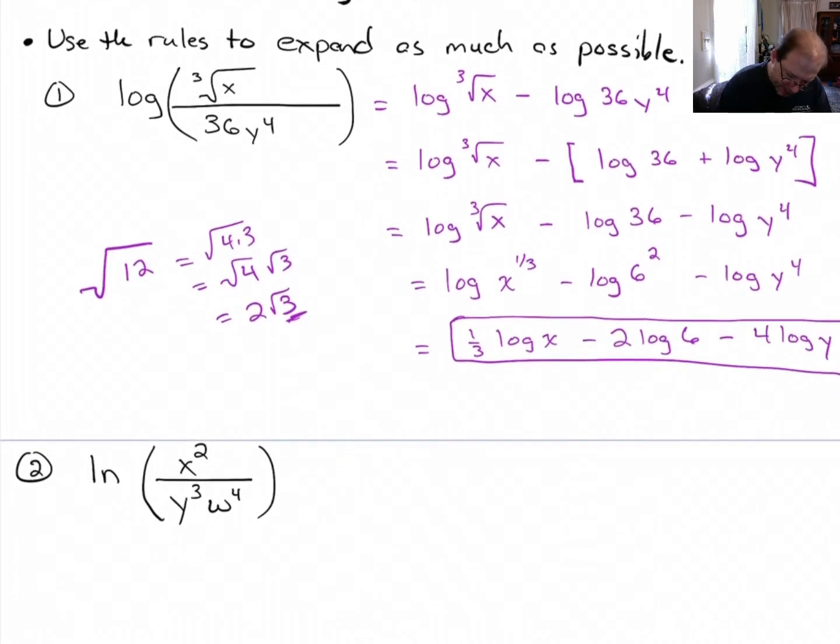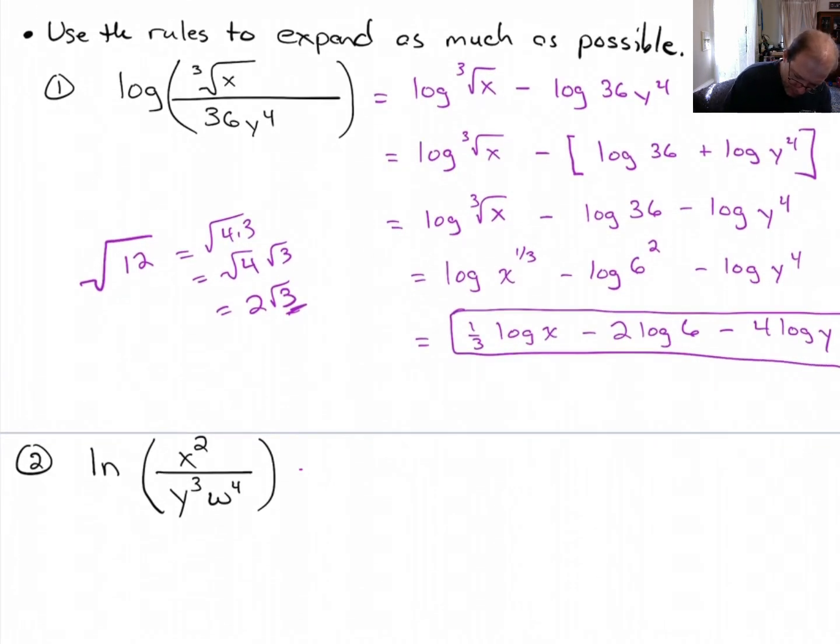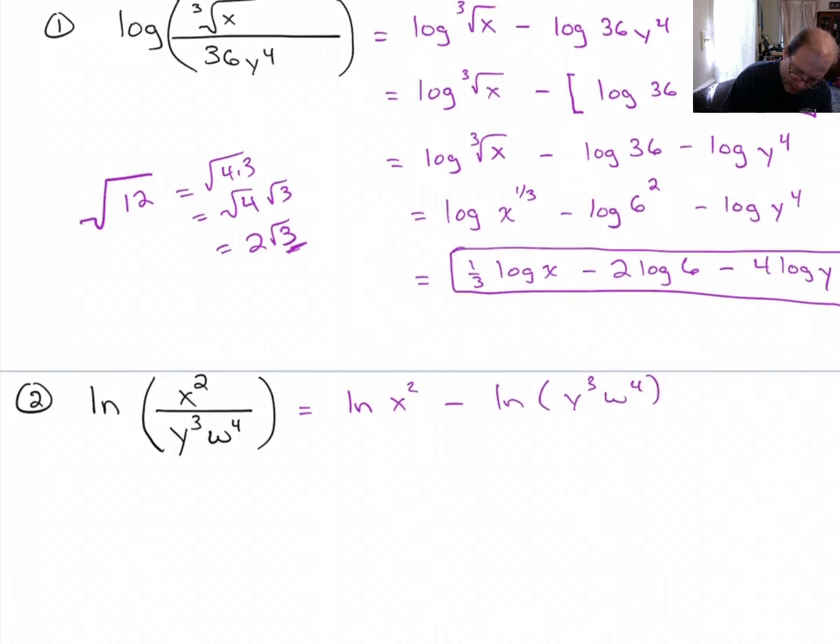All right, this next example is very similar. We've got natural log of x squared minus natural log of y cubed w to the fourth. And now I can split this into the natural log of y cubed plus natural log of w to the fourth.